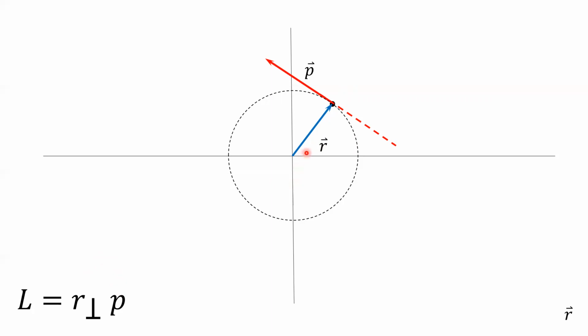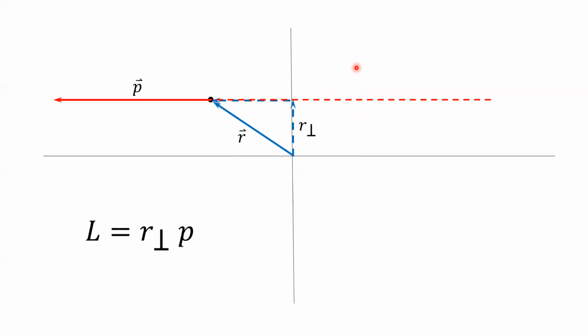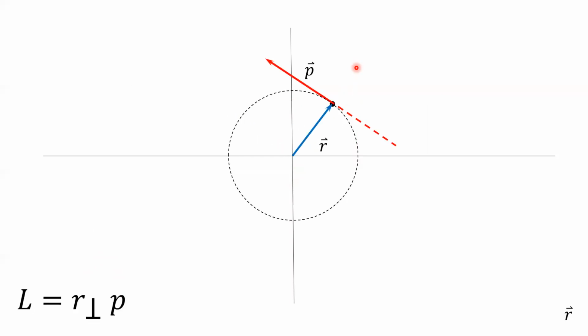So even though the directions of r and p are changing, and that's different from before, right? Here, the direction of p didn't change as I went along these slides, but the direction of r did. Now both vectors are changing directions as we go around the circle, but the magnitude of p does not, and r perp does not. So evidently an object in uniform circular motion also has constant angular momentum.